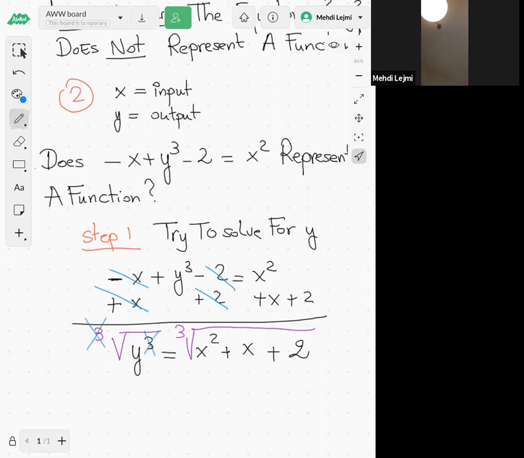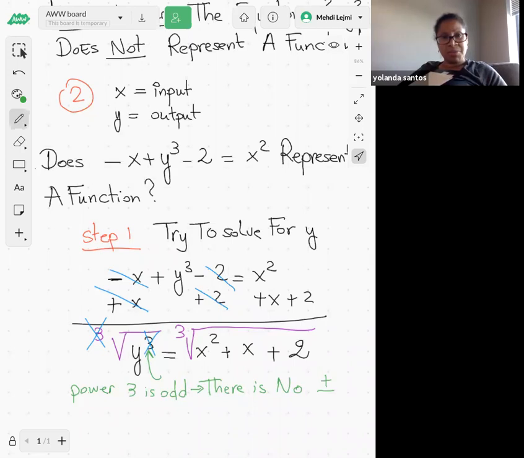And because the power 3 is odd, there's no need for plus or minus. This is different from when we had y squared, where we needed the plus or minus.